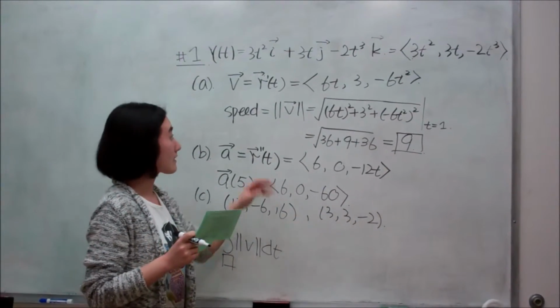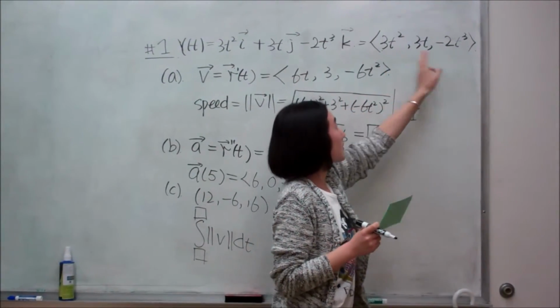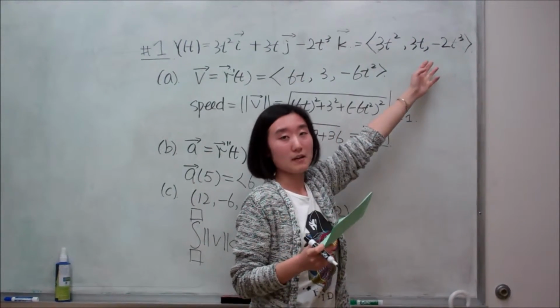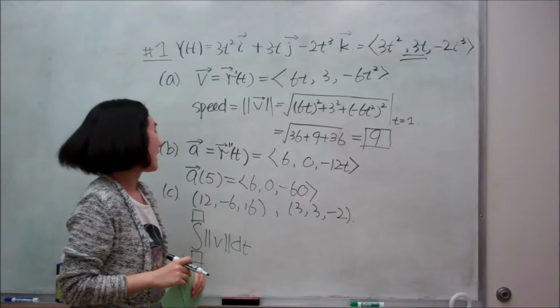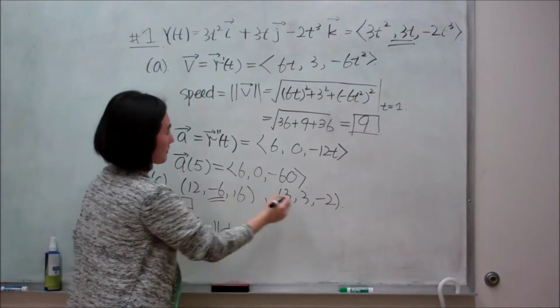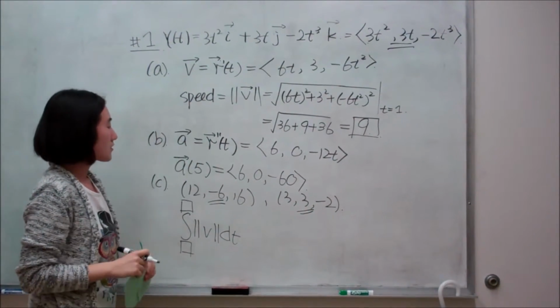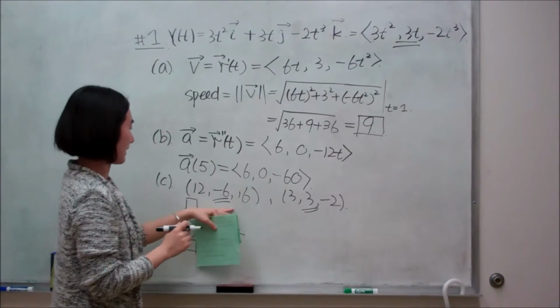So we have the path as this. Then the easiest way is to take the second coordinate, which is 3t, and match it with the numbers we're having here. So 3t equals negative 6.